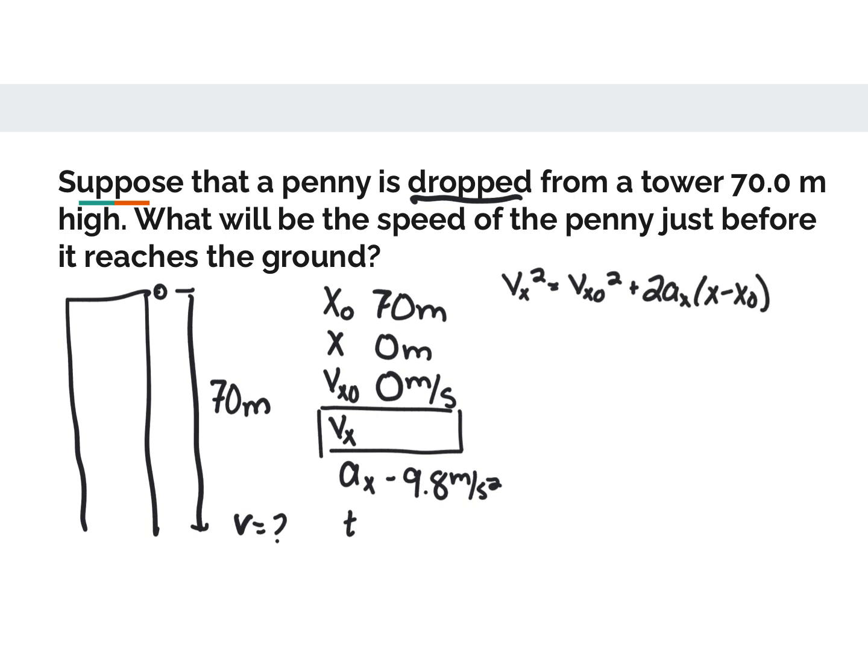Then I'm going to look at my zeros. Well, my final position is 0, and so is my initial position. So this simplifies to final velocity squared equals 2 times acceleration times negative initial position. Now, I guess I could isolate the final velocity by taking the square root.